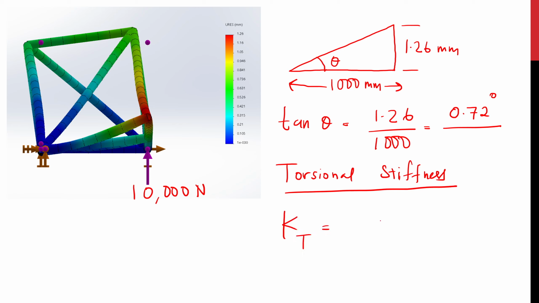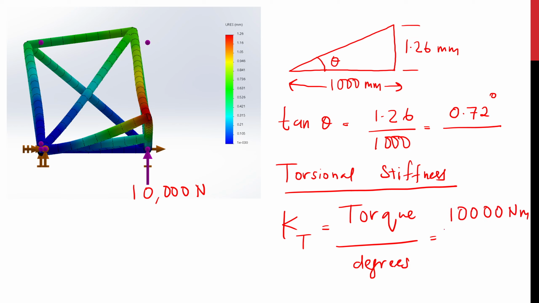So change to torsional stiffness. KT, which is torque divided by degrees lah. So torque is 10,000 Newton meter. Because this force is 10,000 Newton, this distance is 1 meter, 10,000 Newton meter lah, divided by 0.72 degrees.